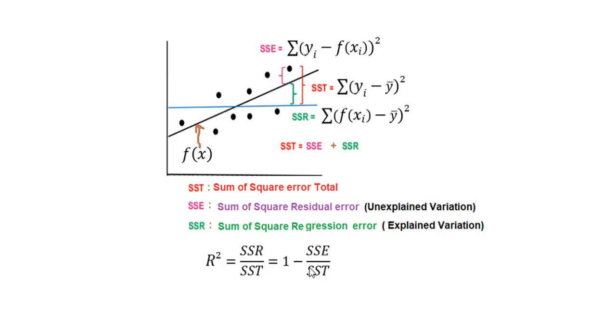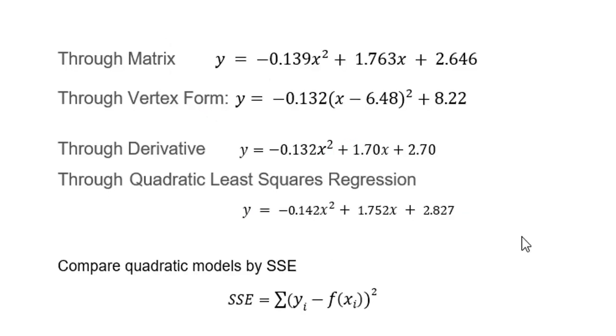We need to figure out which quadratic model has the smallest SSE. That quadratic model will have the greatest R squared, which means the quadratic model with the smallest SSE is the best fit.